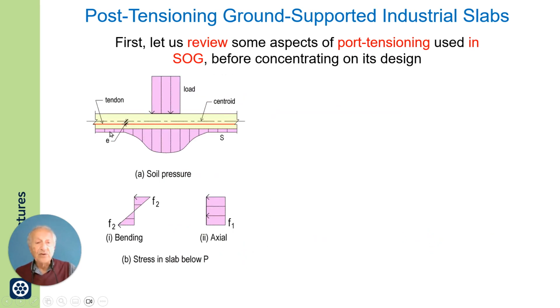So let us go back again and review the post-tensioning and load from the top and calculate the design stress. Here, purposely, I have shown the tendon below the neutral axis, but I have considered its contribution as uniform precompression, and load above and pressure of soil below gives us this.